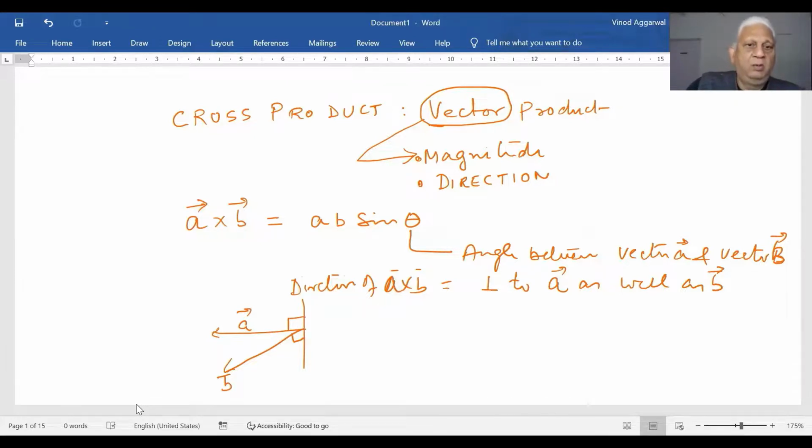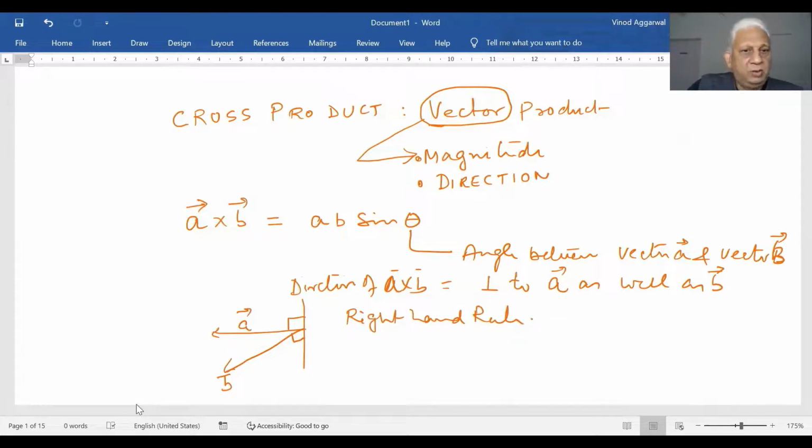Simple. This is resolved by the right hand rule. What does this rule say?